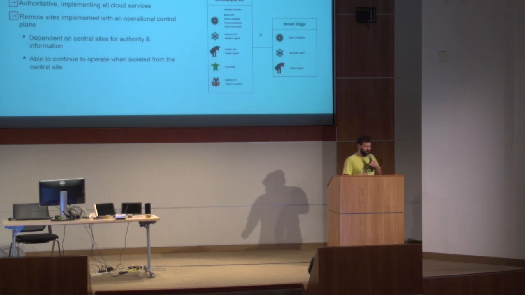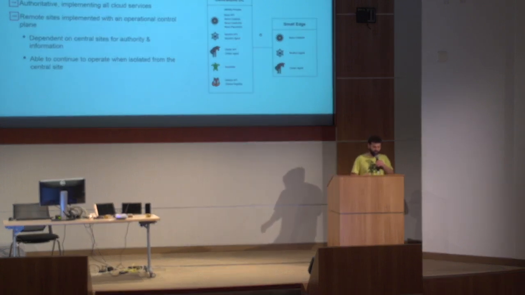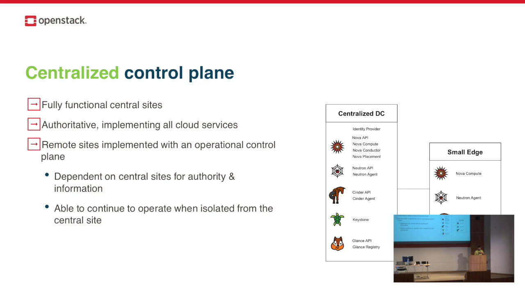So we have one with the centralized control plane, where the central sites are functional, so you can run workloads on the central sites also, and the edge sites also.